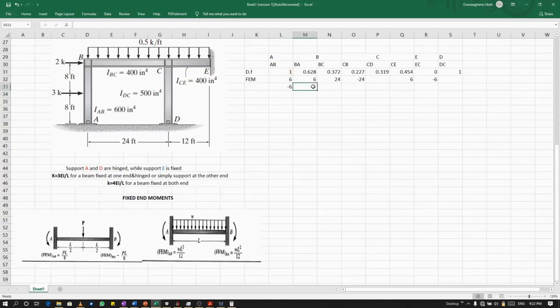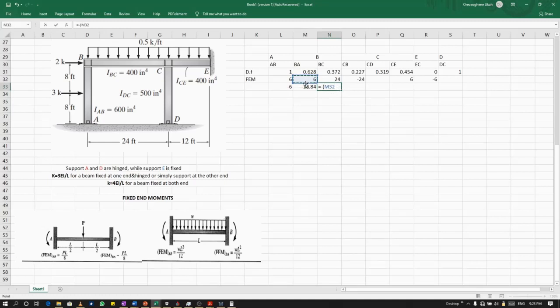So here we're going to have, let me put this in brackets, 6, plus 4. We close the bracket times our distribution factor here. So we have this. Then once opening, also we have this.